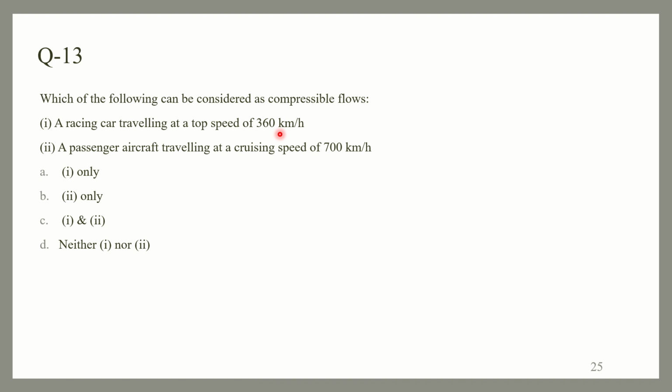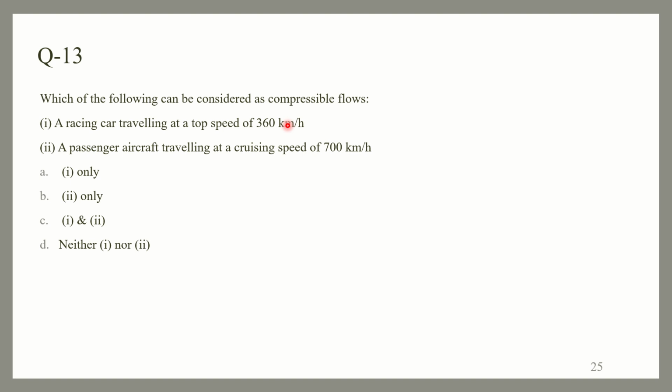So basically, in this, both are actually compressible flows because their velocity is quite high, and we need to identify if it is falling under our criteria. Imagine a racing car traveling at 360 kilometers per hour.